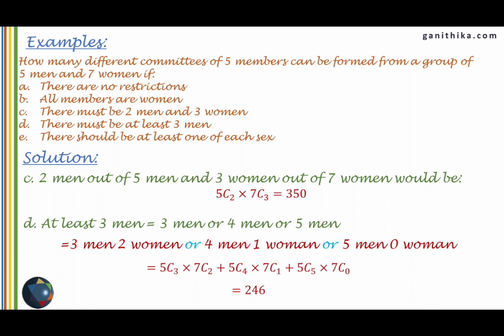For 4 men, 1 woman, it is 5C4 times 7C1. For 5 men and 0 women, it is 5C5 times 7C0. If you use your calculator for all these values, you will get 246 as the number of committees that can be formed with at least 3 men in it.